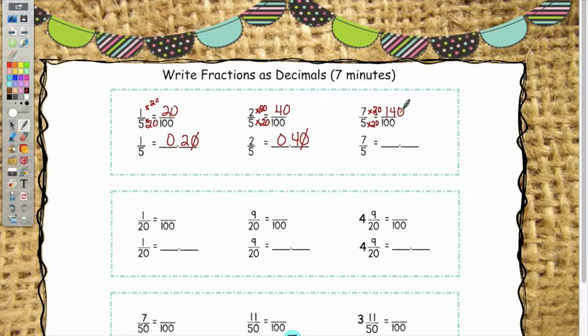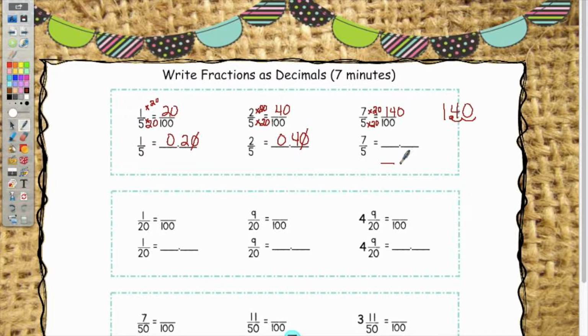There's a couple ways to do this. You can do 140 divided by 100. So hop your decimal twice. That gives me 1.40. Or I could think of it this way. 140 hundredths.